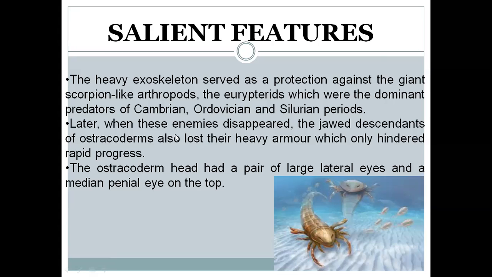So the organisms which came from these jawless vertebrates, from ostracoderms, are now called jawed vertebrates or primitive gnathostomes. They also lost this heavy armor. Why? Because having heavy armor is an obstacle. We can imagine that even in this COVID time, we are unable to wear just polythene covers on our bodies, like doctors wearing total protection kits, PPE kits.